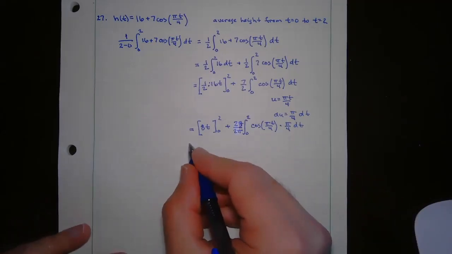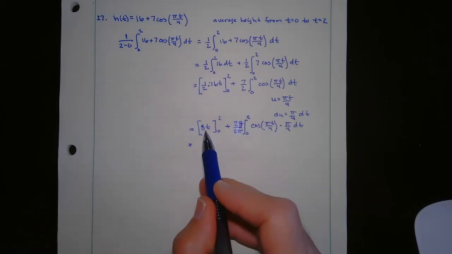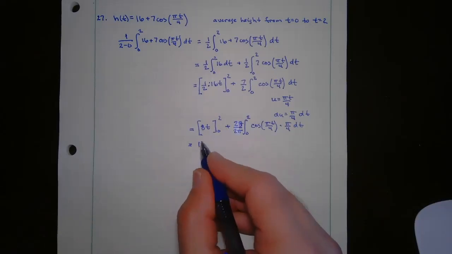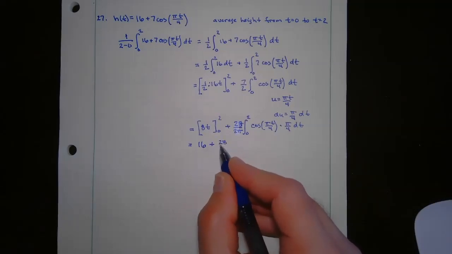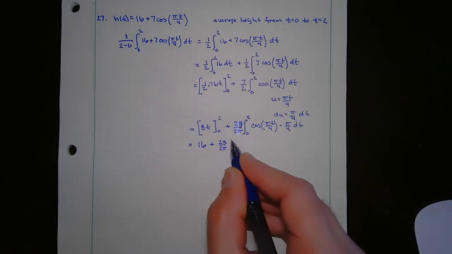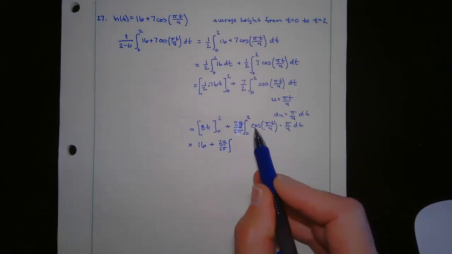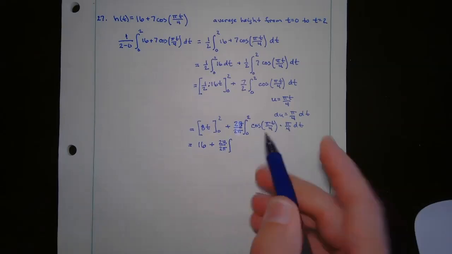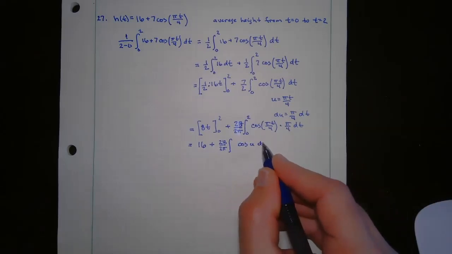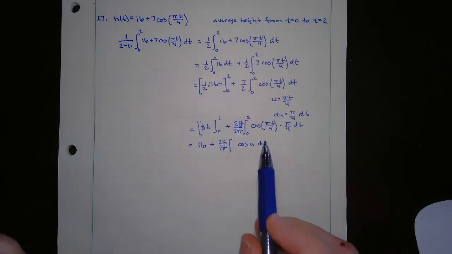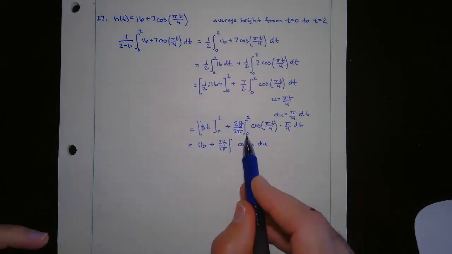I'm going to go ahead and do this one first. So this would be 16 minus 0, which is just 16. And then plus 28 over 2 pi times the integral of cosine of u du. Remember I have to change these limits to u's.